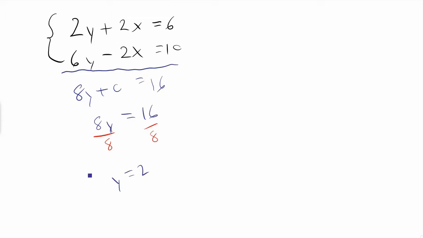is 2. Now that I know y is 2, I can take this answer and put it back into either one of these equations. If I put it in the top equation, I replace y with 2. I put parentheses around the thing I substituted in, and I get 2 times 2 plus 2 times x equals 6.